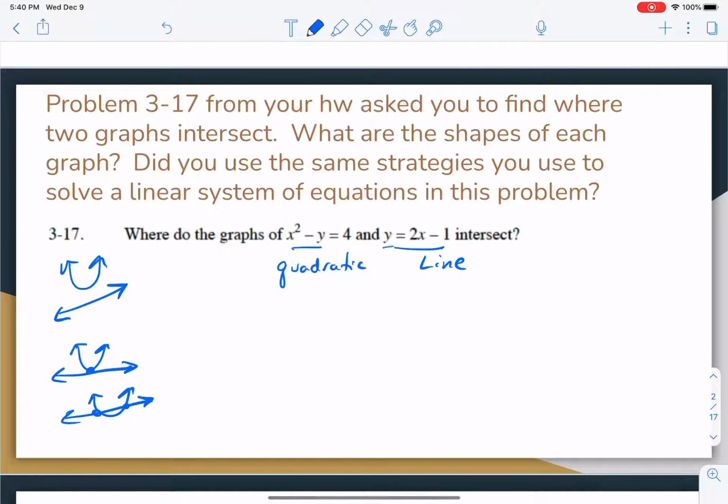Since I already have a variable all by itself, I'm going to use substitution. So I'm going to take the 2x minus 1 and substitute for y in the first equation. Again, don't forget to distribute the negative sign to both terms in the parentheses.